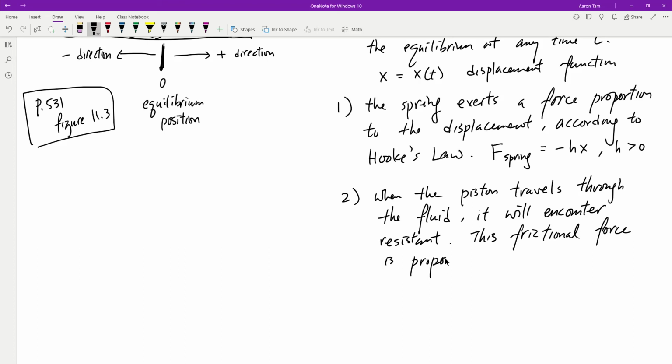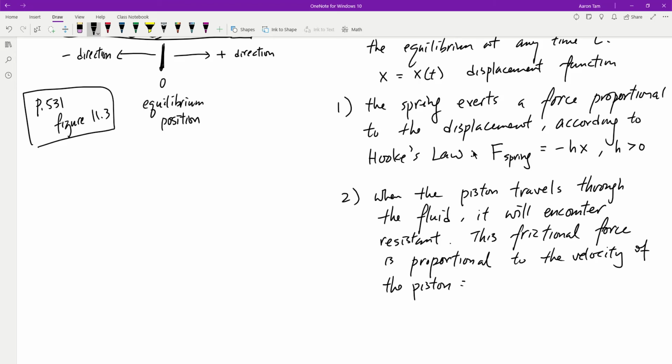Now, some of you probably noticed the word proportional, proportional to the velocity of the piston. The key here is the word proportional, because proportional means constant multiple, and therefore allows us to keep our differential equation having constant coefficients.